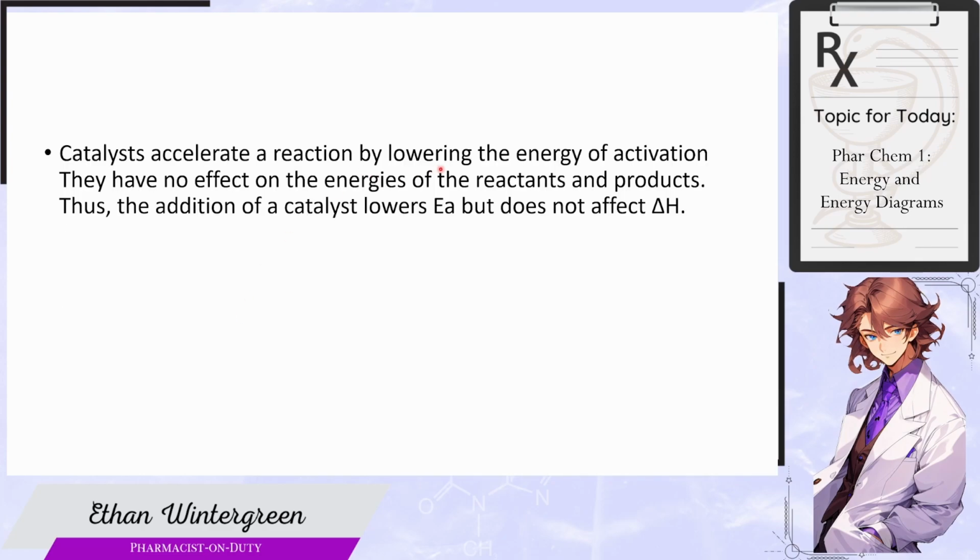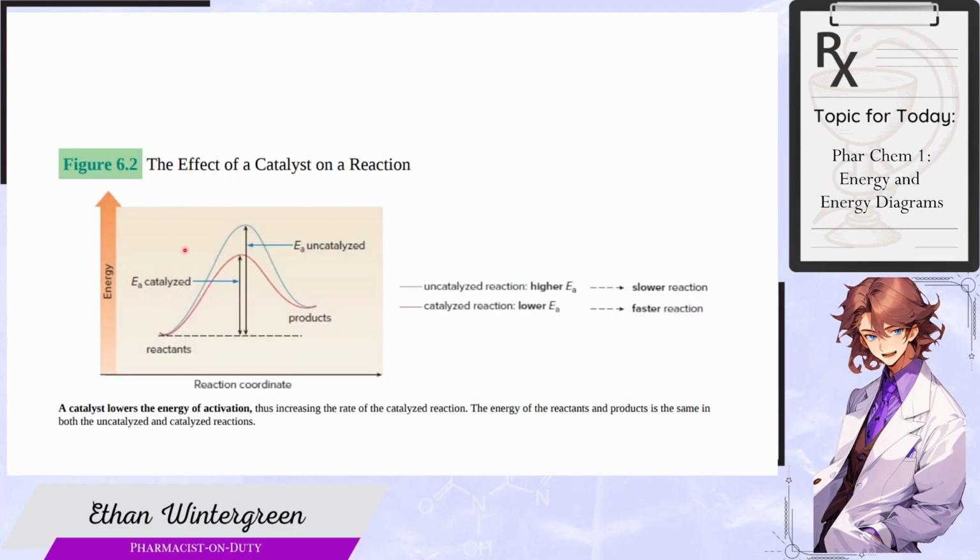They accelerate a reaction by lowering the energy of activation. They have no effect on the energies of the reactants and products, and the addition of catalyst lowers EA but does not affect delta H. So here's the effect of a catalyst on a reaction. Here you go. So here, the blue one is when it is uncatalyzed. You require a higher energy barrier for the reaction to proceed.